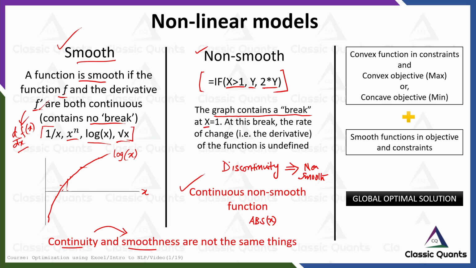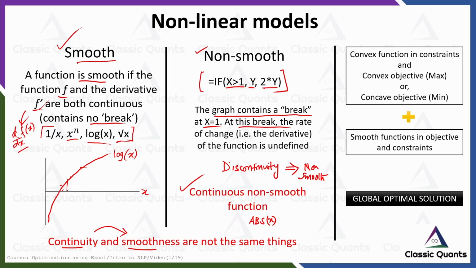How? Because at x equal to 1, you don't know what is going to happen. There will be a break and the rate of change is also unknown. So the derivative of this function cannot be computed at the point x equal to 1, and hence this function is discontinuous and non-smooth.